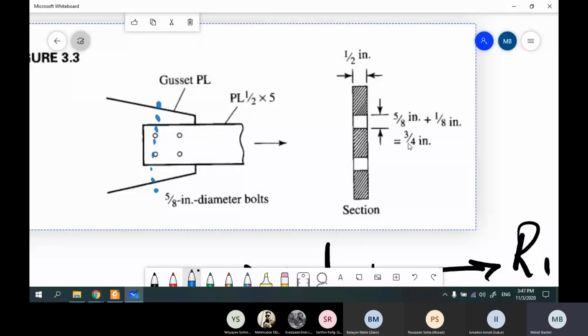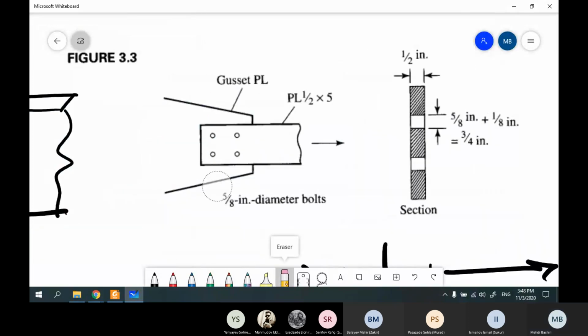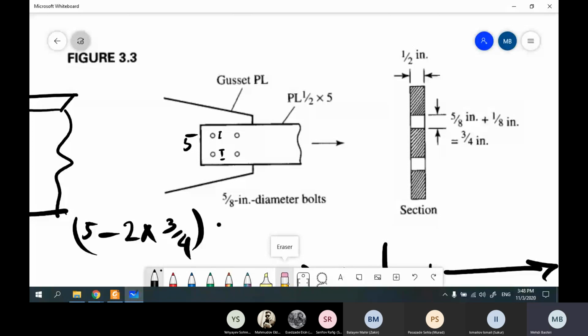And we have 2 holes, the first one is here and the other one is here. The total width is 5, and we subtract 2 bolts, each with diameter 3 over 4, times the thickness 1 over 2.